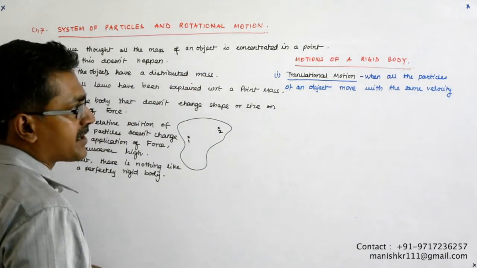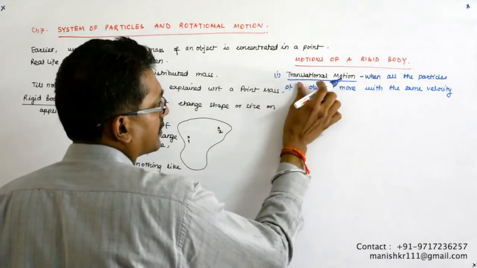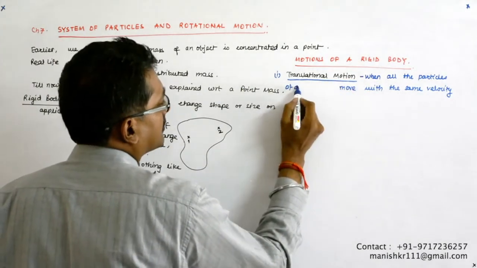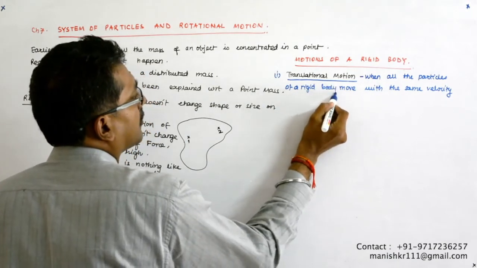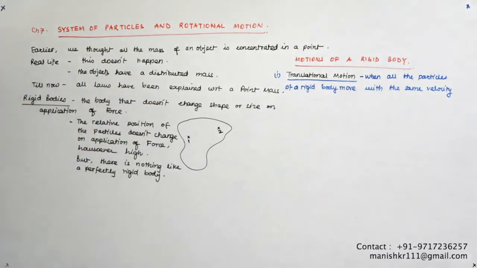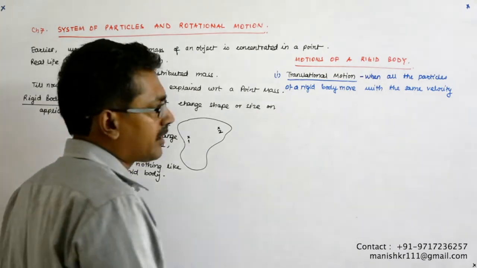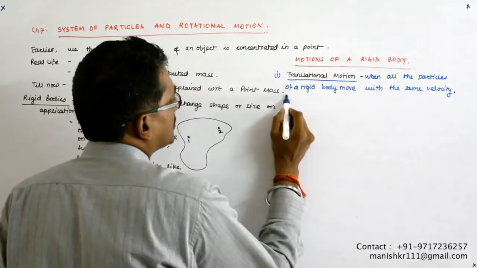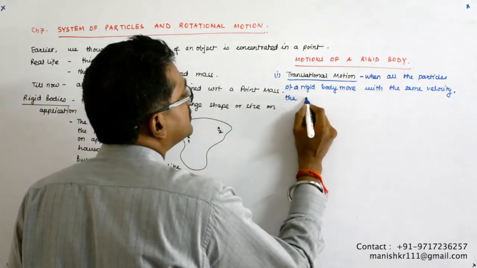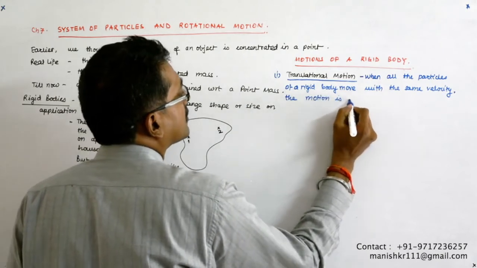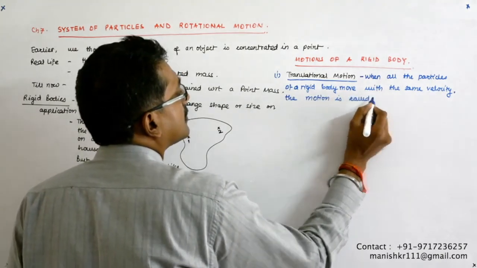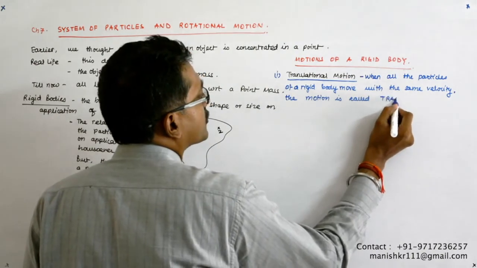And what kind of object? Rigid object. So it is a rigid body. If they move with the same velocity, the motion is called translational motion.